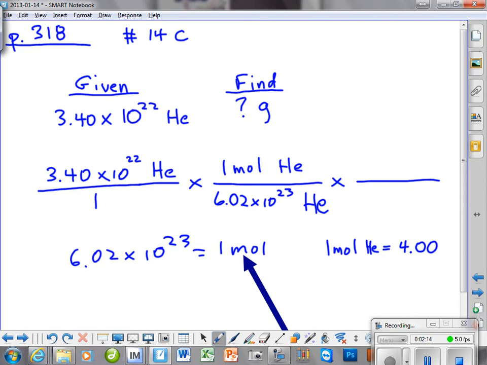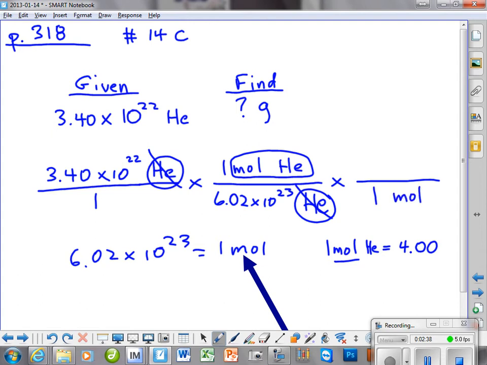So, as I look up here, first of all, I had to cancel helium atoms as the unit of measure. Then I did moles of helium, not atoms of helium, and the number next to the word mole is 1, and so that's what comes down here as the coefficient to moles of helium.